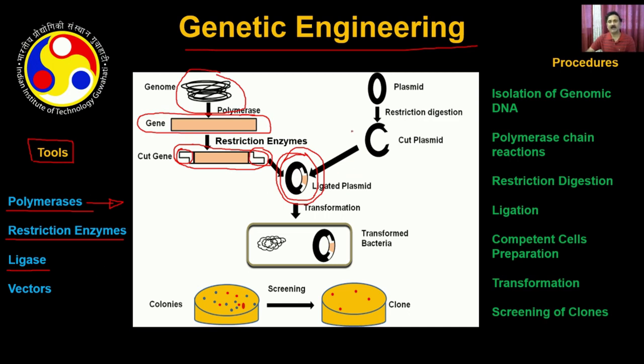And apart from that, we also discussed the different types of vectors and the different components required to assemble a vector. A vector could be of two different types, a cloning vector or an expression vector. You require the origin of replication and the selection marker for the cloning vectors, whereas you require the origin of replication, selection marker, as well as the promoter for the expression vectors.